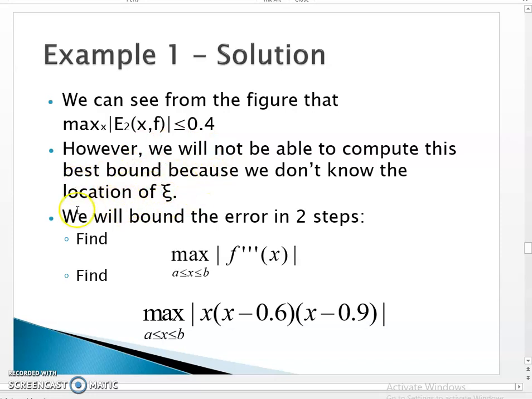So for us to do that, we will bound the error in step 1. We need to find the maximum error, where a is less than or equal to x and x is less than or equal to b. To do this, we need to find the third derivative of f(x) before we are able to compute and use the maximum error of this and find the error bound.